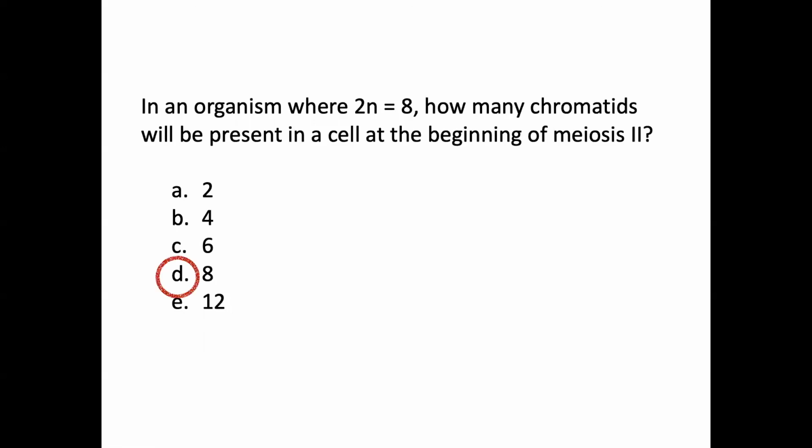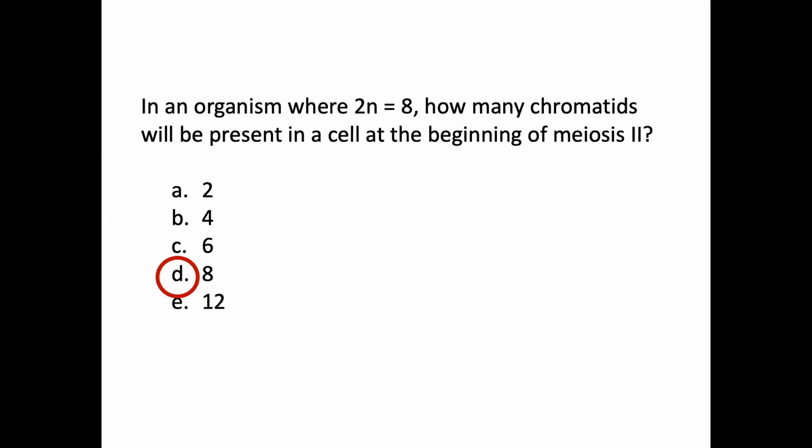Okay, so the correct answer is D. Because this question is asking about chromatids, we only focus on chromatids, nothing else. 2n equals 8, meaning normally you have 8 chromosomes, right? For meiosis, DNA replication will double the number, and before meiosis 1, you should have 16 chromatids, right?